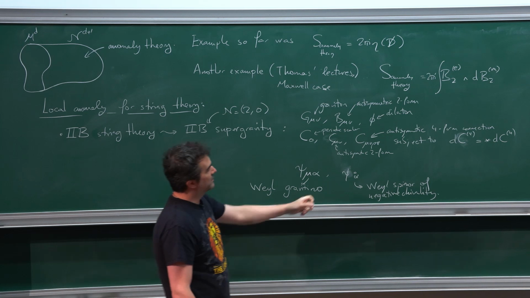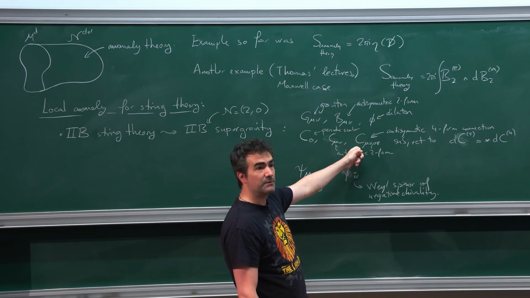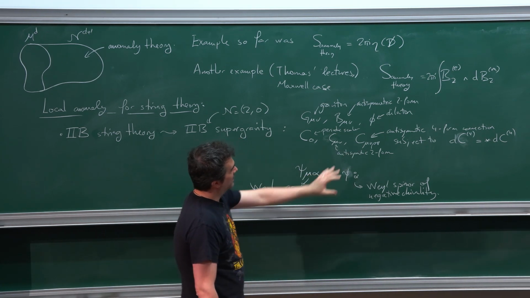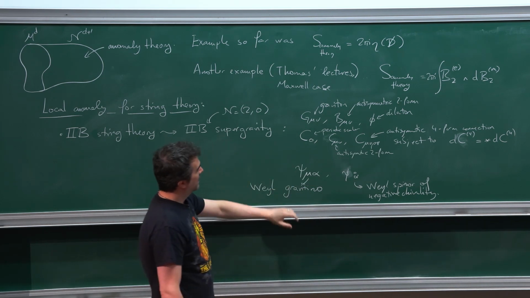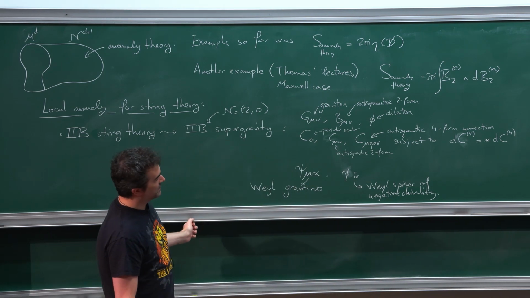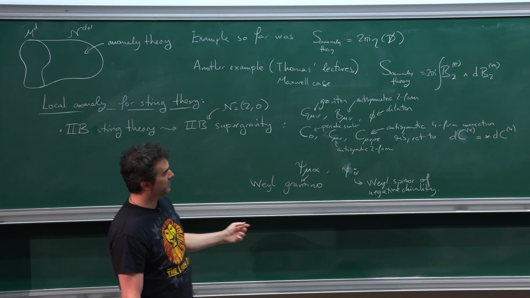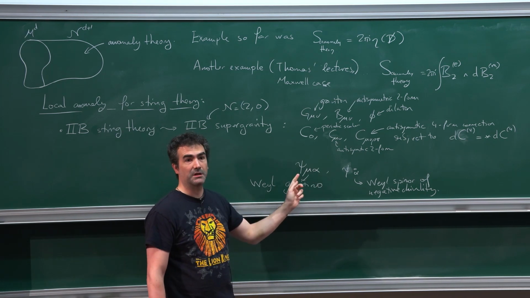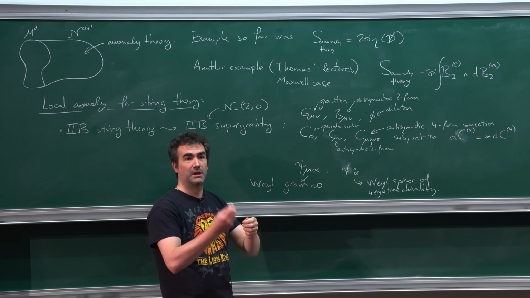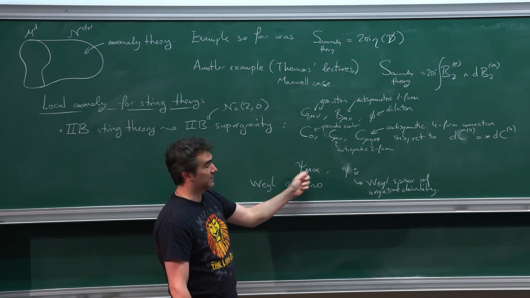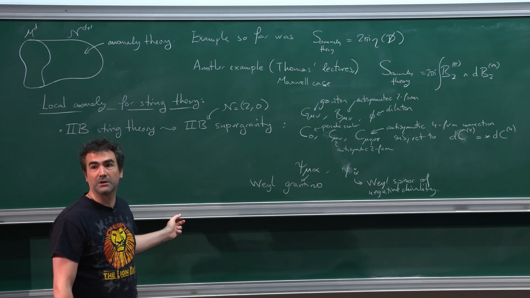But this one is going to be subtle. There's going to be an anomaly coming from this one. So this one I will have to discuss in detail. I will do that in a second. And the Weyl gravitino is also something I haven't explained so far. It's a fermion, yes, but it transforms under the tangent bundle, not as a spinor, but as a spinor times vector. So I'll have to deal with that.